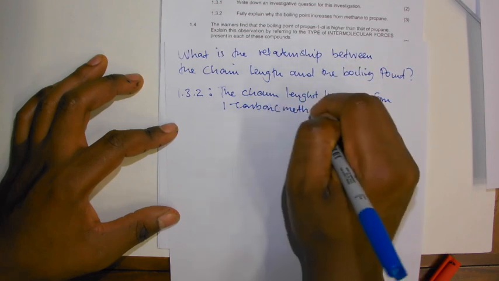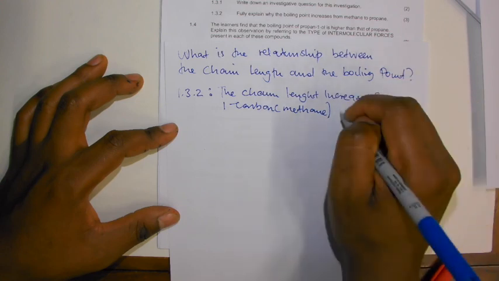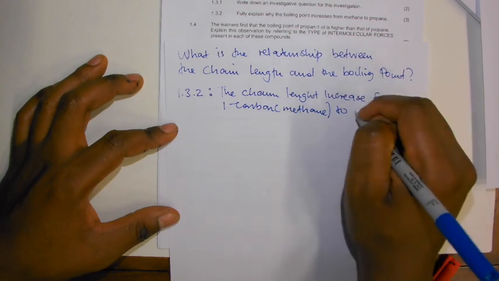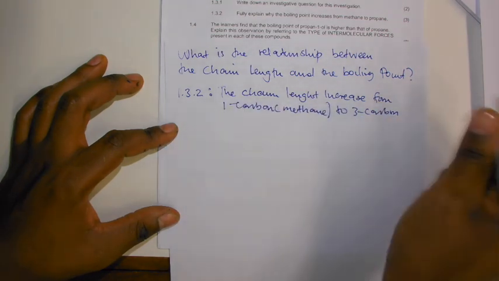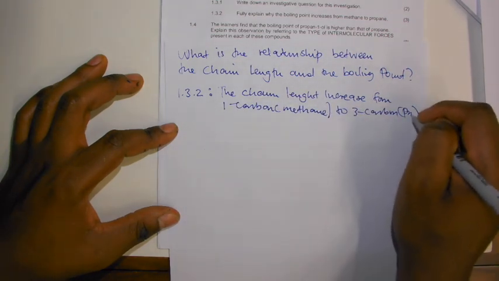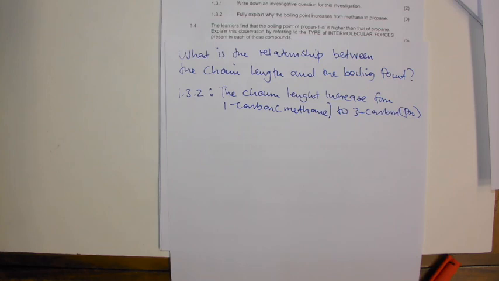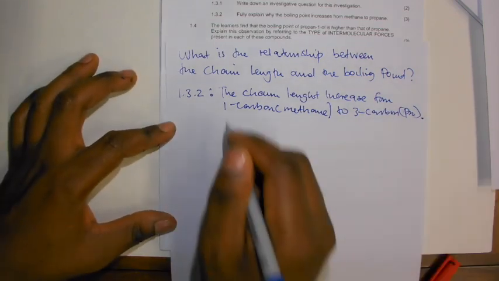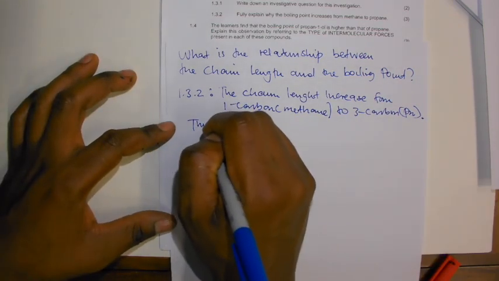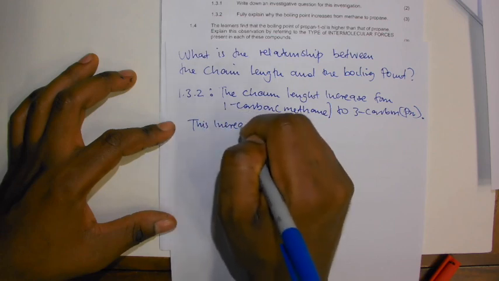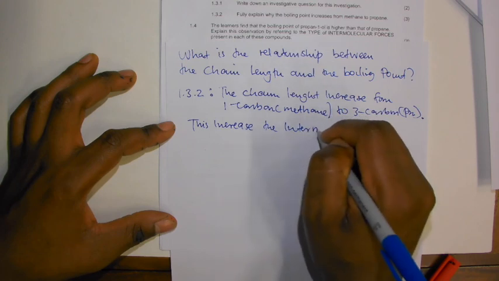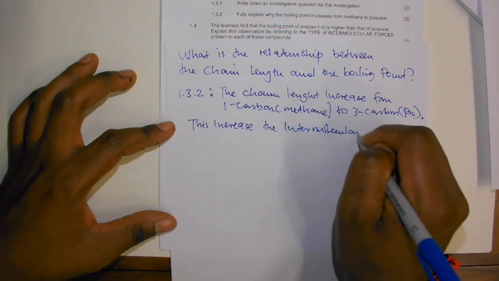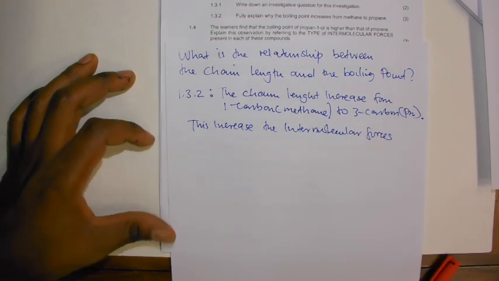You put it on the board, showing them that you understand what you're saying and doing. Two, three carbons in propane. Obviously, you will know what to say here. Therefore, this increases the intermolecular forces. Is that okay?